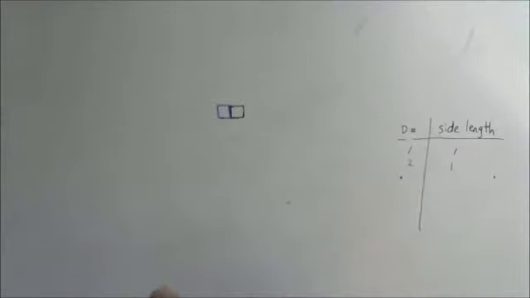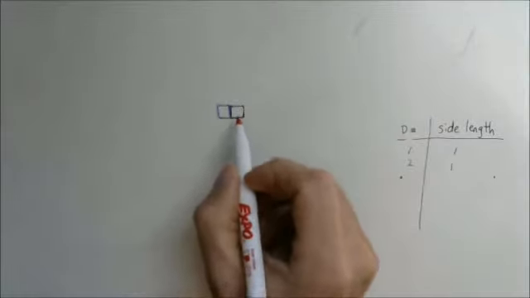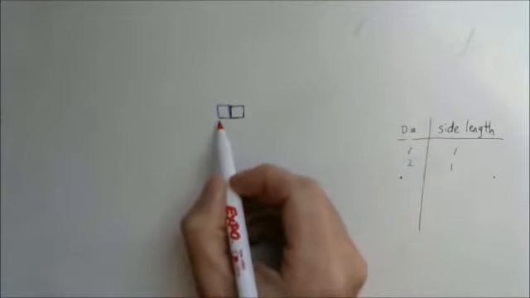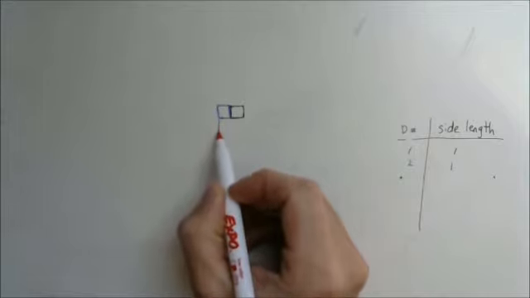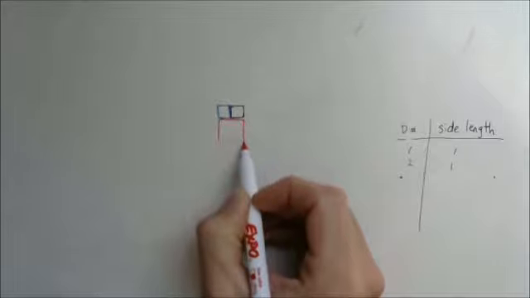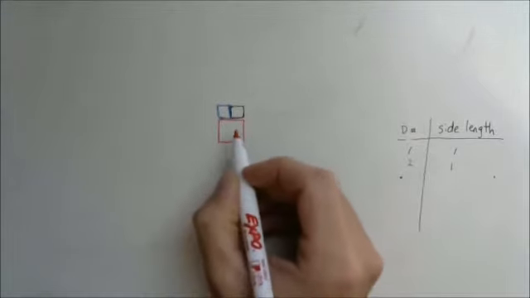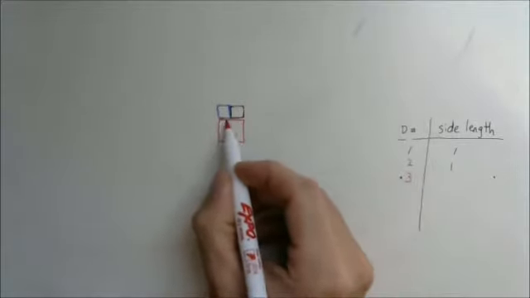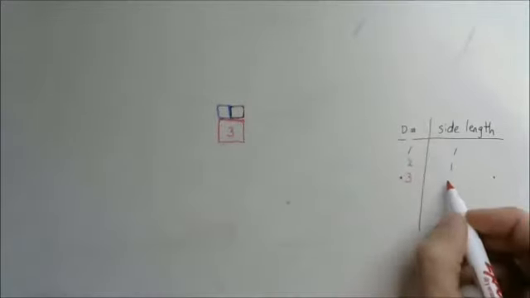Because it's still just a 1 by 1 unit square there. But now we're going to go around and around, and draw another square using the side lengths of the diagram that we have. Okay, this is now diagram 3, and it has a side length of 2 units.